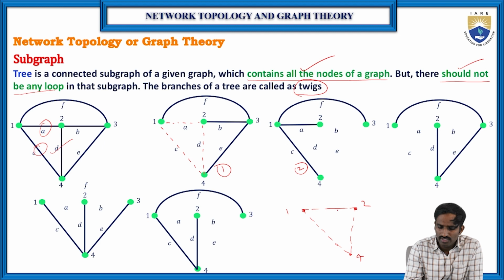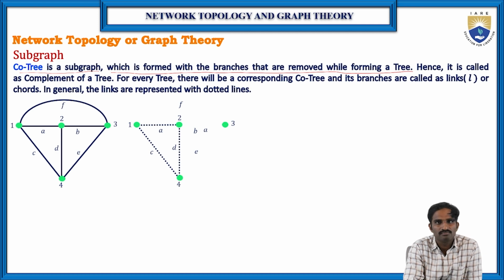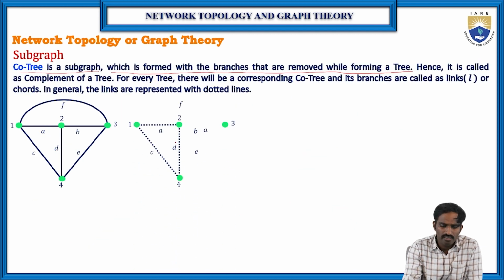So this is one co-tree, because by removing A, C, D we formed a tree. The removed branches are the co-tree. It may or may not be a closed loop, but in many cases it is a closed loop.